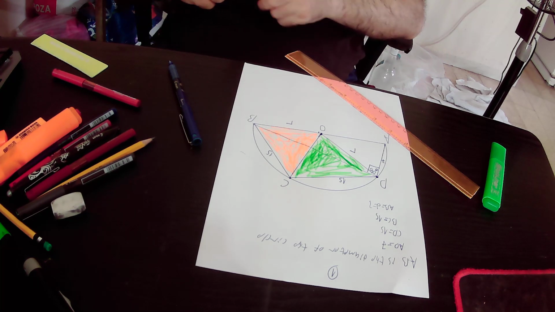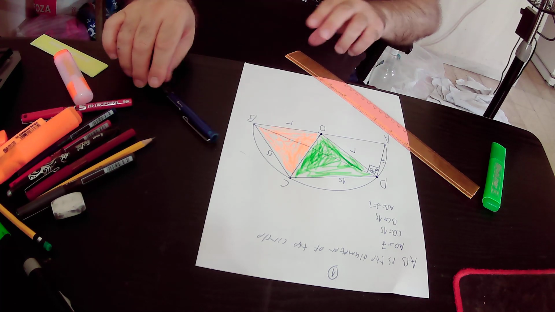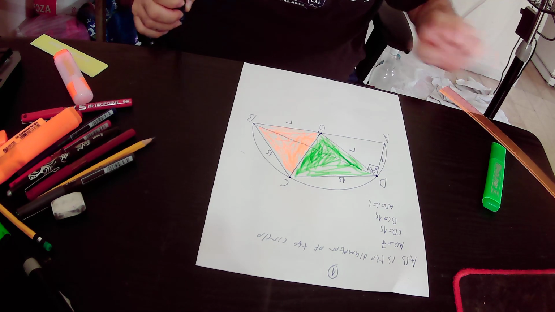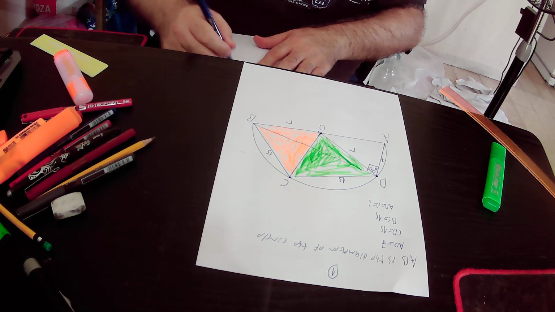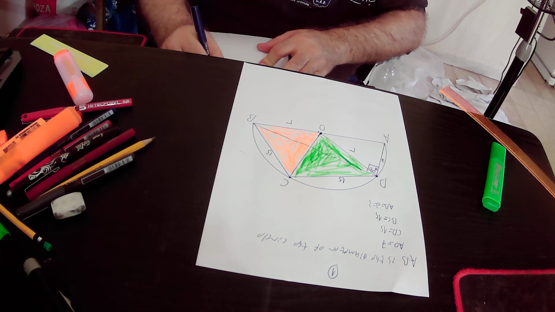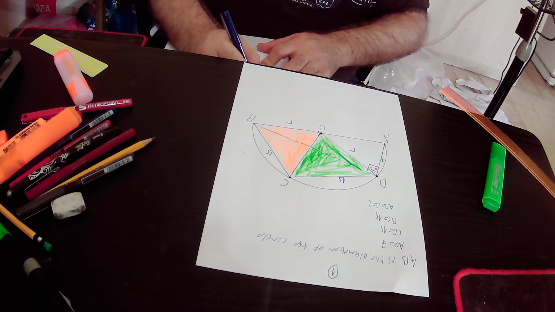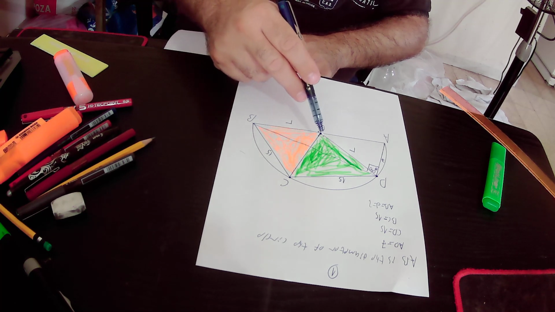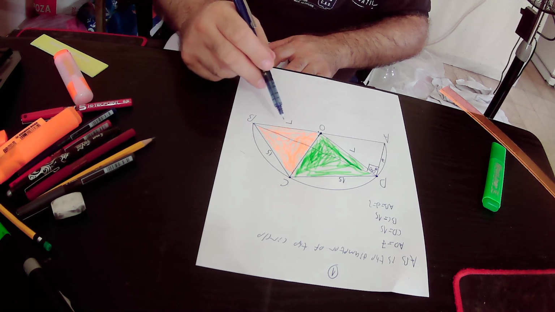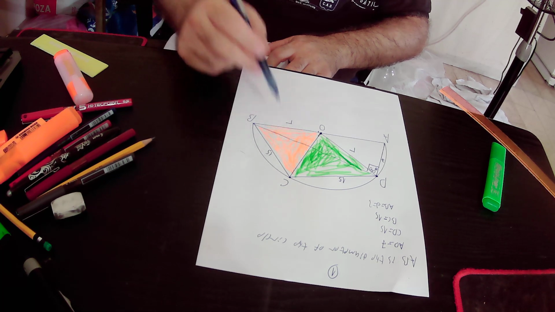So in triangle OCD and triangle OCB, the green triangle, triangle OCD, and the orange triangle, triangle OCB.